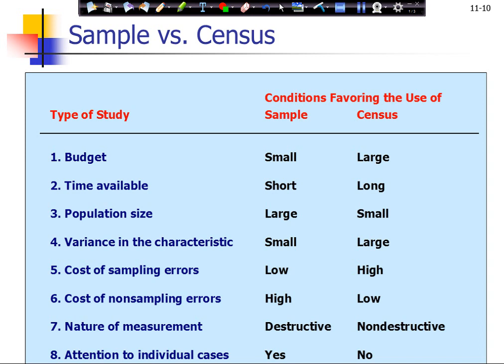So if you feel the attention to individual cases is high, then you must collect the information from a sample. If you feel the attention to individual cases is not that high, then you may go for collecting information through the method of census, that is, trying to collect the information from the whole population.